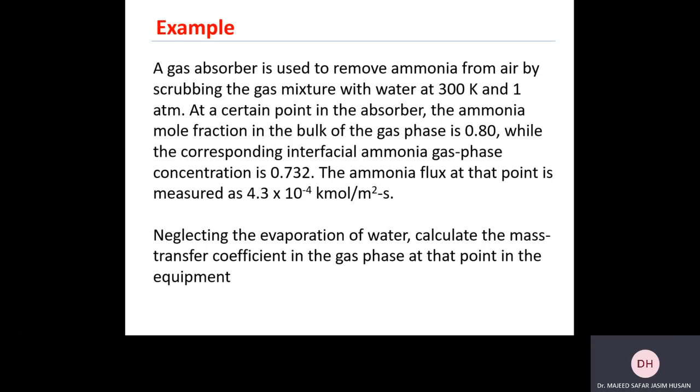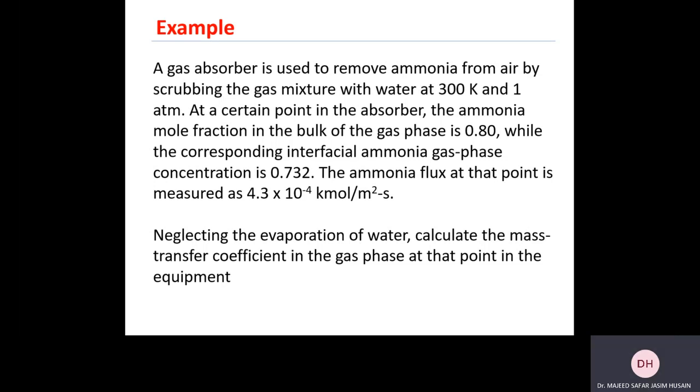So that is a kind of driving force. The ammonia flux at that point is 4.3 × 10⁻⁴ kilomole per meter square per second. So that is the flux of ammonia. Neglecting the evaporation of water, calculate the mass transfer coefficient in the gas phase at that point in the equipment.